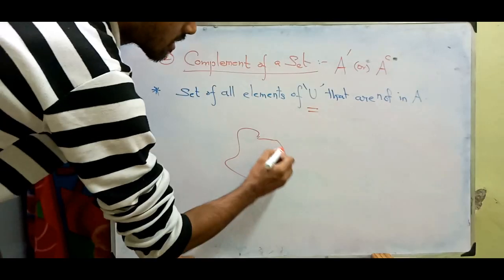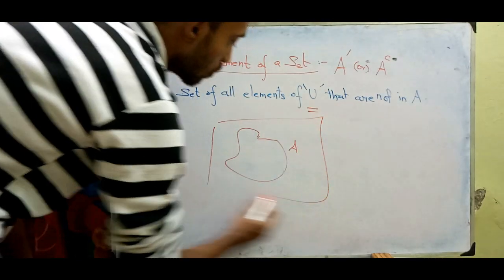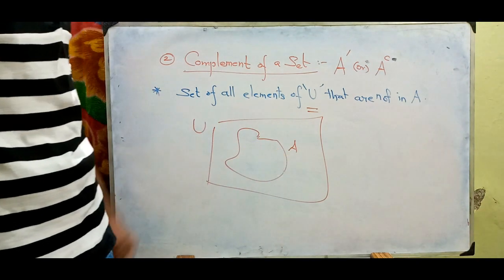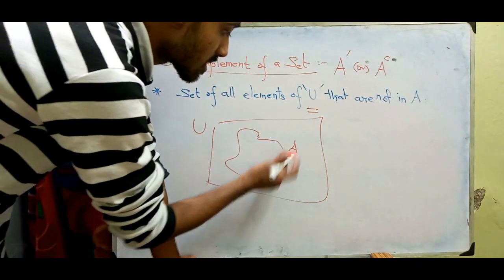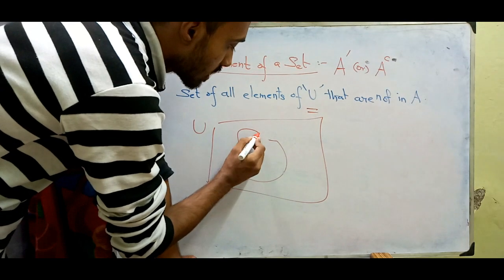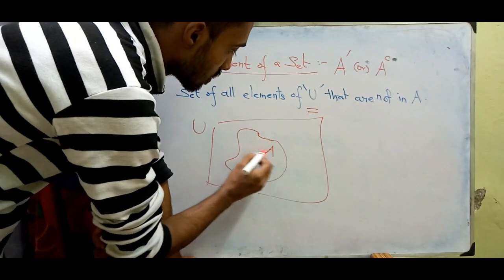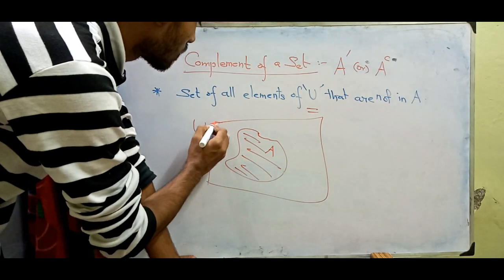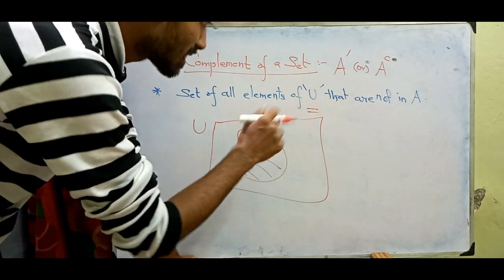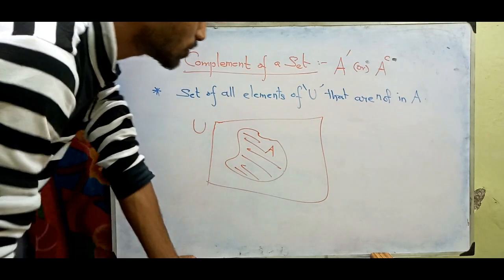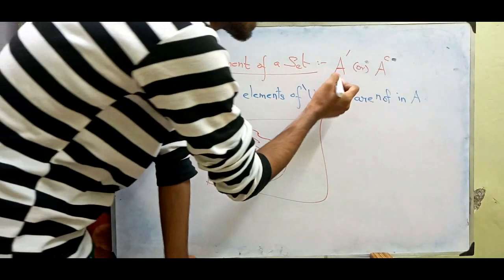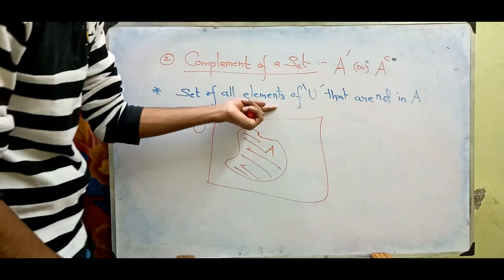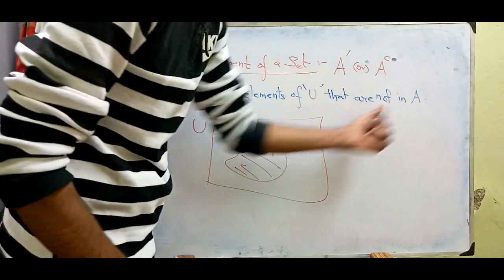Let us say this is a set A and there's a whole set which contains A. I call it the universal set. This region is A and the whole set which contains it is the universal set. Okay, we need the complement of A, A dash. What does it say? The set of all elements of U that are not in A.